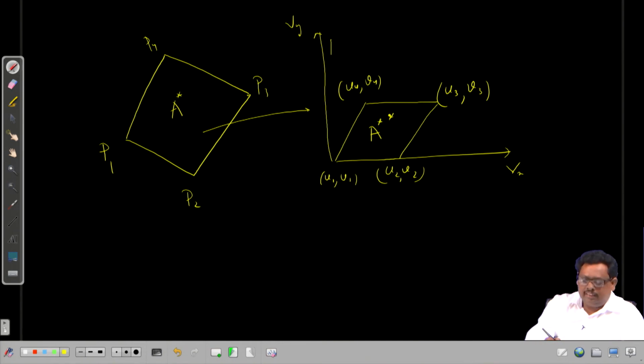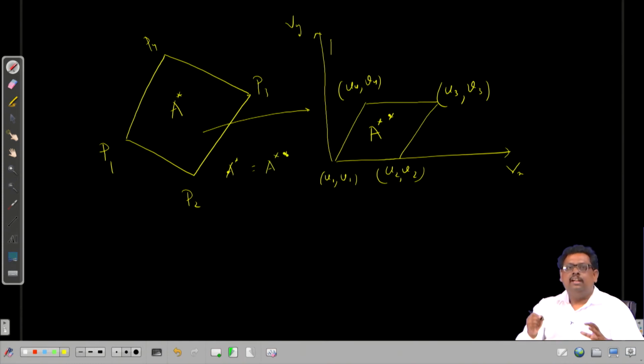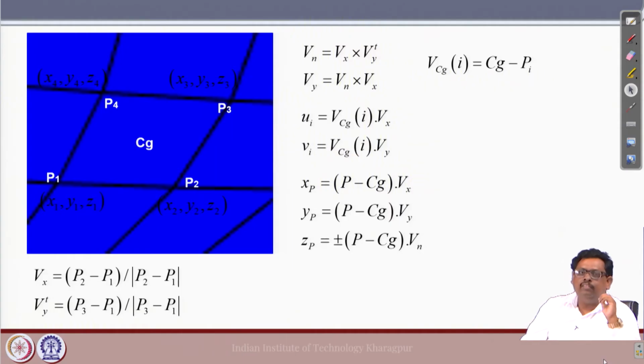My point is that A star is equal to A double star. So, the area is invariant under this transformation. That is the whole point I want to make.